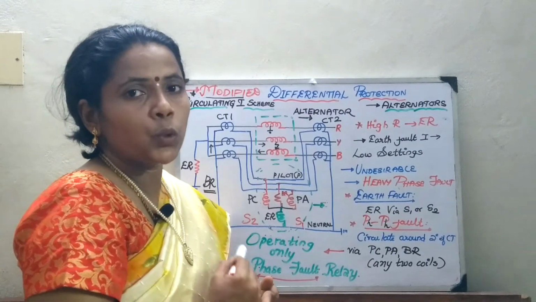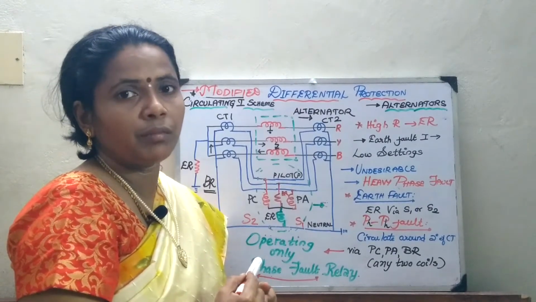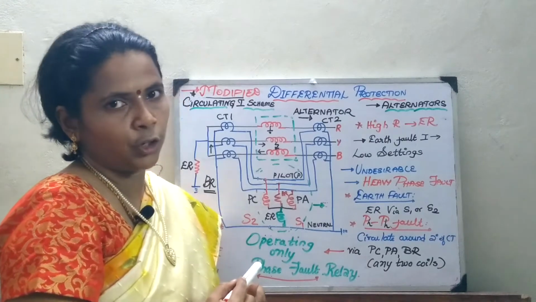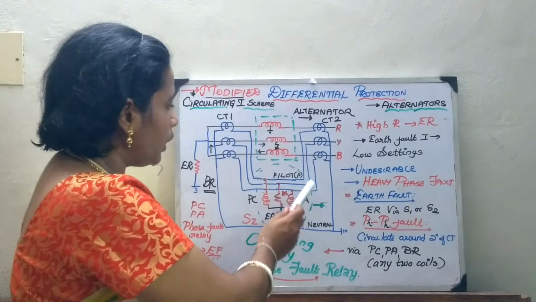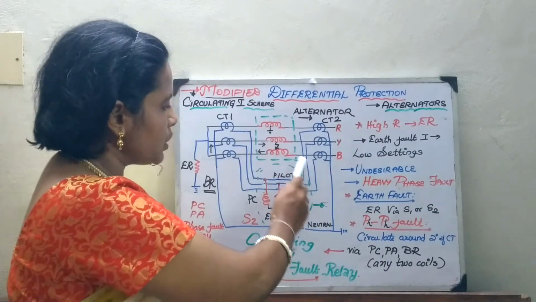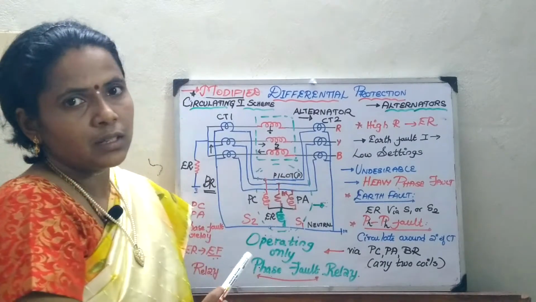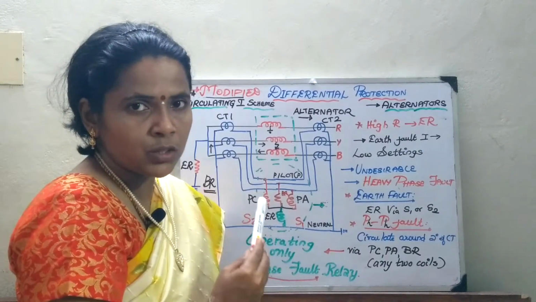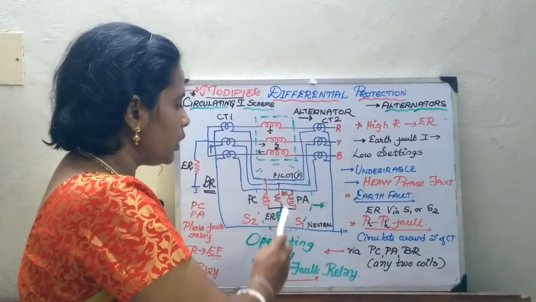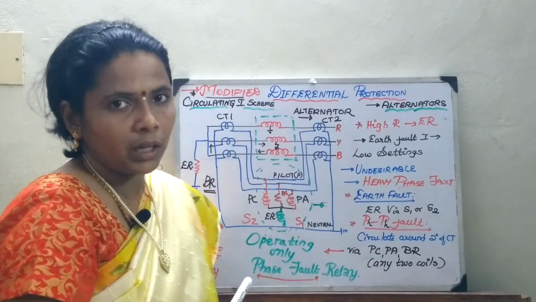Now let us see what modification we have made to our earlier circuit. I have kept the circuit as it is; wherever the changes are, I have shown them by dotted circuitry. What was there in the earlier circuitry? It was just the 3 phases with the 3 relay operating coils.